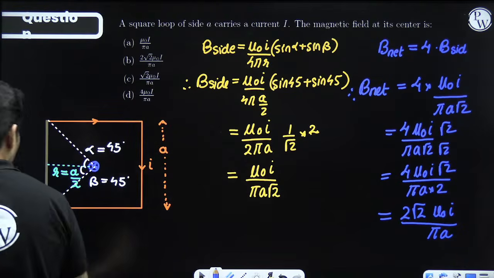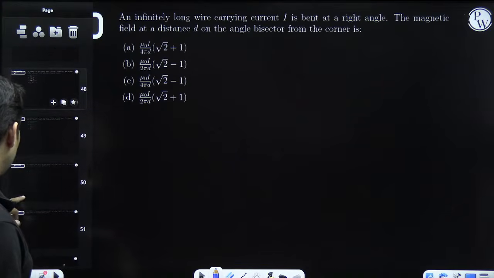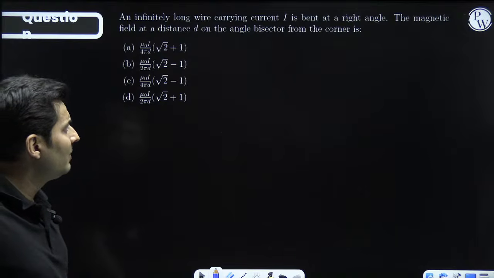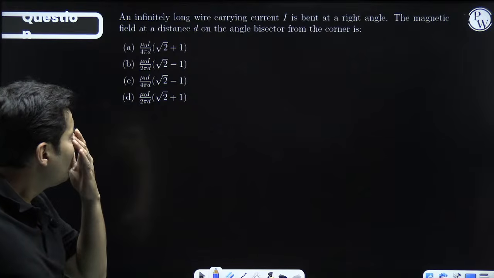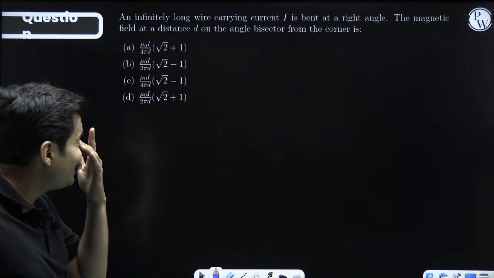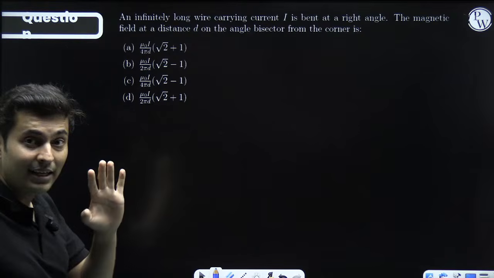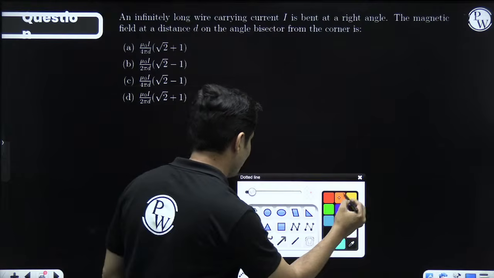Okay, great. Moving on to the next question on your screen. There is an infinitely long wire carrying current I. It is bent at a right angle. The magnetic field at a distance d on the angle bisector from the corner is asked. A very good question, guys. Okay, let's visualize.